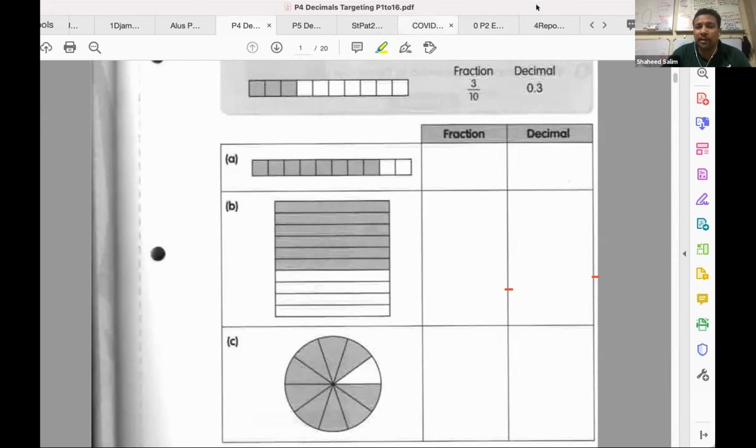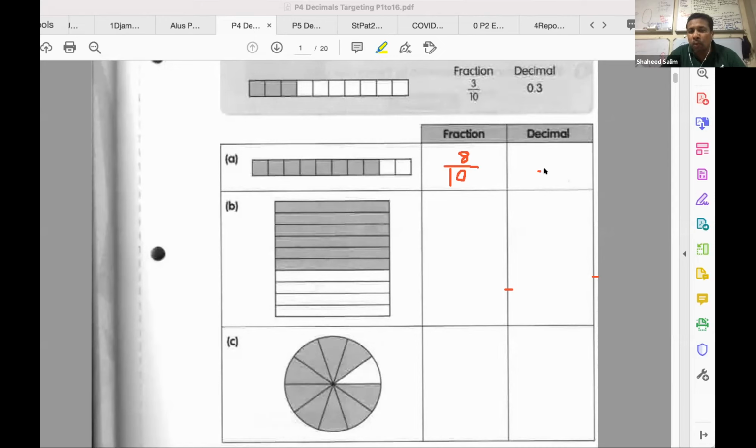Okay, we ask Neris first. Neris, how many parts are shaded here? This one, how many? 8. Neris turned off video. The moment I ask, she turns off video. So this is 8 out of 10. So remember, how many zeros are there here? Shafia, how many zeros? 1.